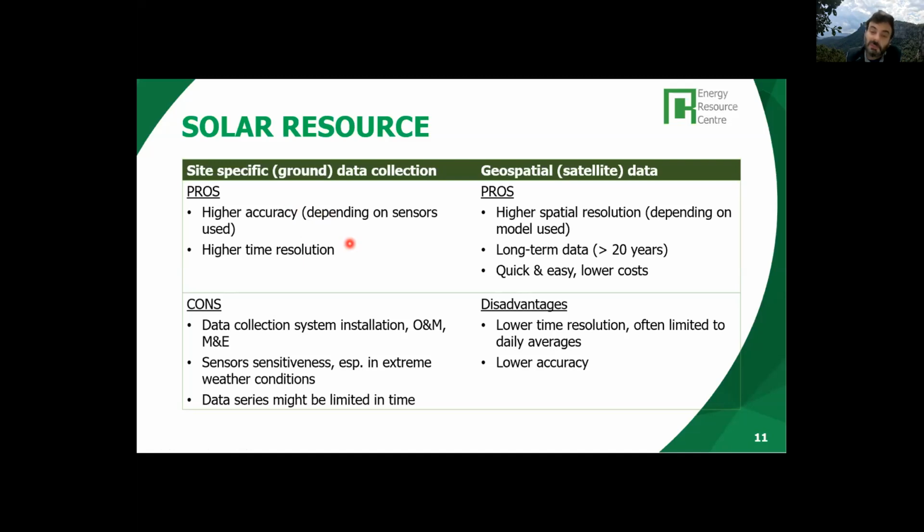But that will depend on the sensors we use, of course, the quality of the solar radiation measurement equipment we use, and also the time resolution. We can define that to be even hour per hour or even less than that, yeah? So we can have a very precise and accurate measurement of the solar radiation that is received on the site.